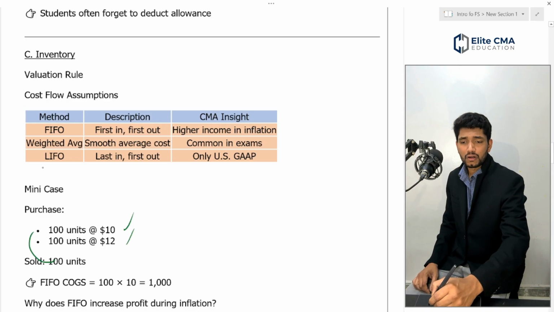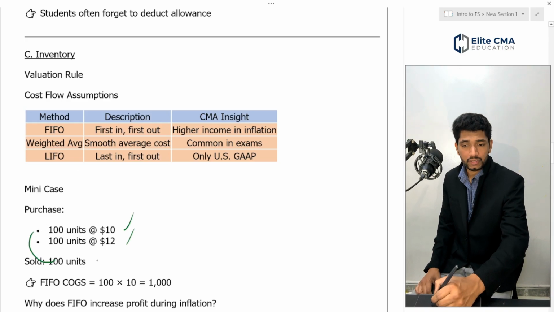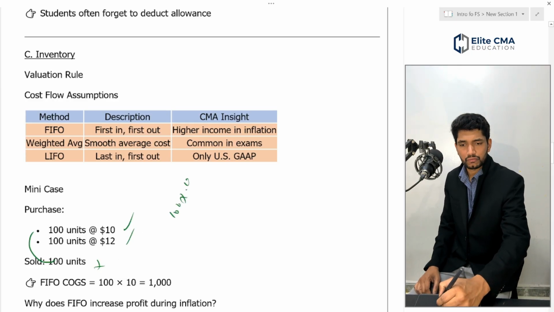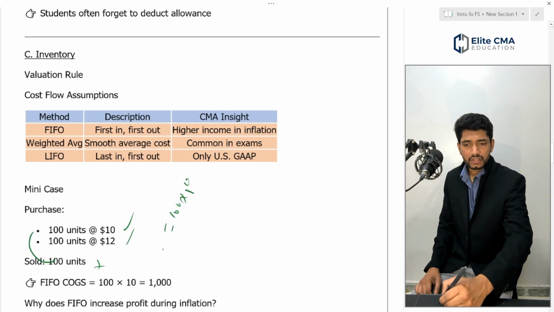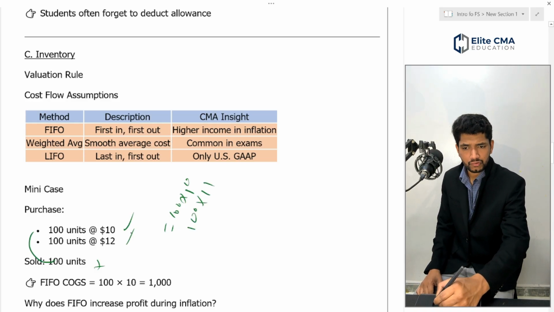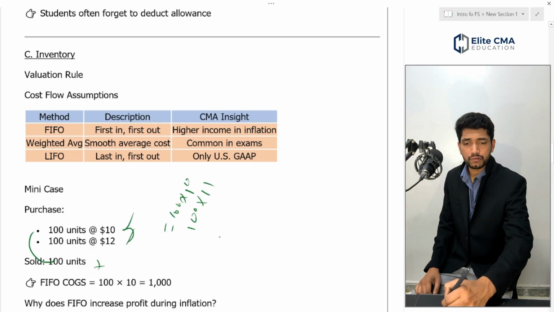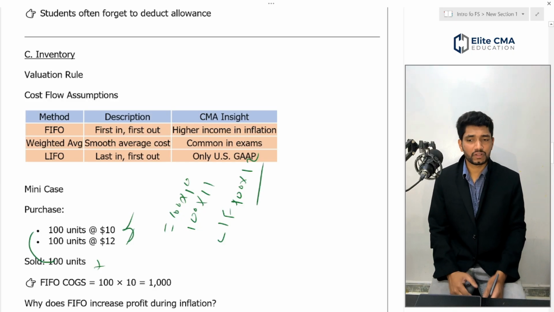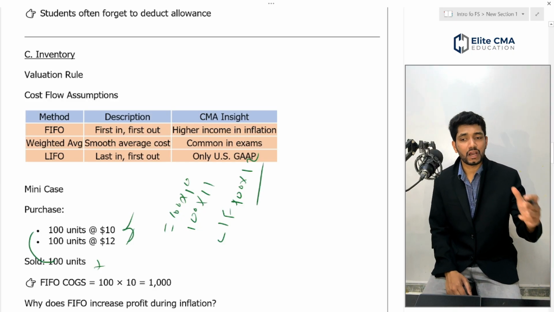In FIFO, we consider the cost of this sale as 100 into 10. This is your cost of sale in FIFO. In weighted average, it will be 100 into 11, that means you have to average these two. In LIFO, last in, first out, it will be 100 into 12. So this is the difference between FIFO, weighted average, and LIFO.